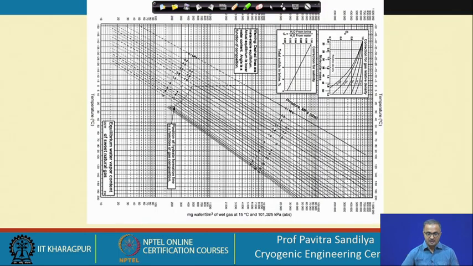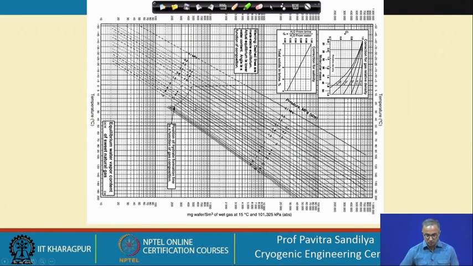Here we have the temperature on this axis, and on this axis the water content in terms of milligram of water per standard cubic meter of the wet gas at 15 degrees centigrade and about 101 kilopascal, that is about 1 atmosphere. There are various lines of constant pressure, and these are the corrections for the CO2 and the brine.